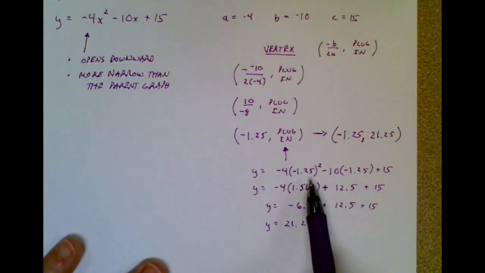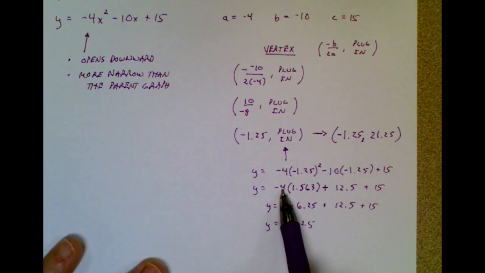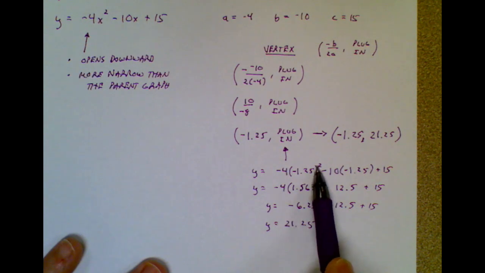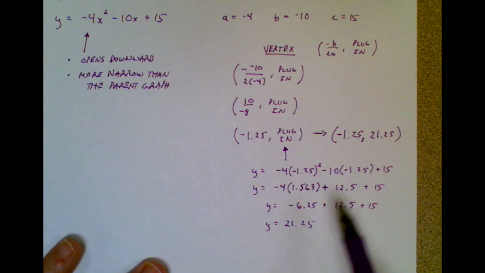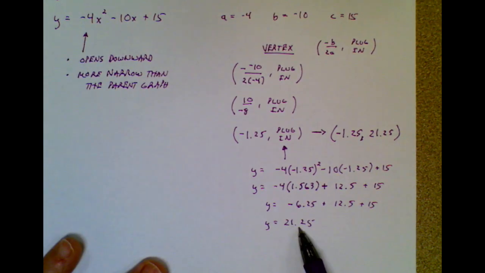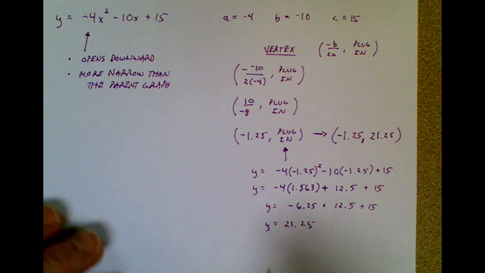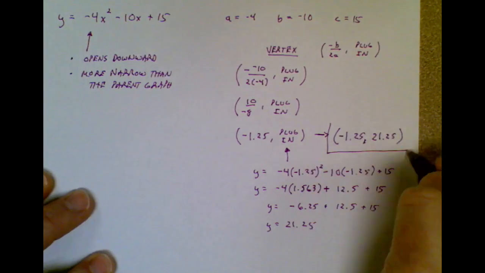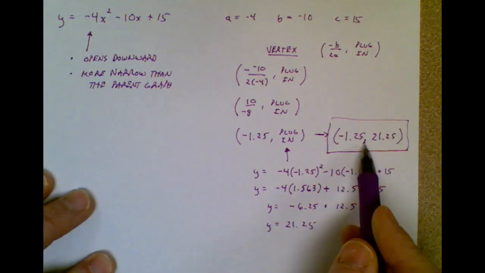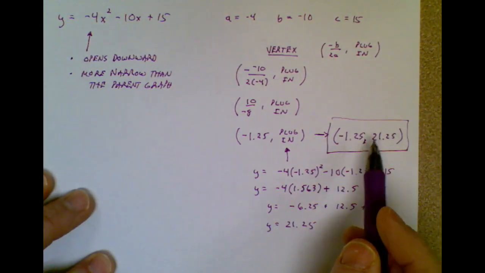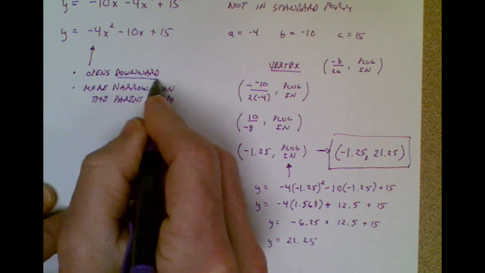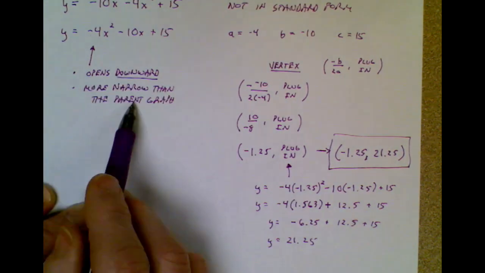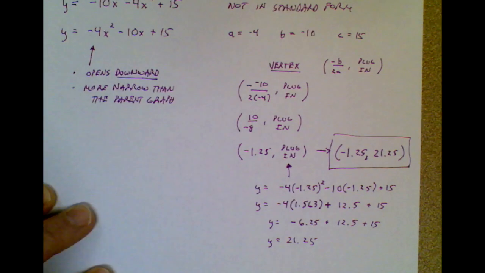I must square the negative 1.25 before I multiply, because beautiful Princess PEMDAS wants exponents done before multiplying. Gradually this turns into a nice tidy number. So now I know the vertex of that graph is at that location on the coordinate grid. My graph is going to open upward. Oh, sorry, it's going to open downward because that's negative, and it's going to be more narrow because the 4 is bigger than 1.